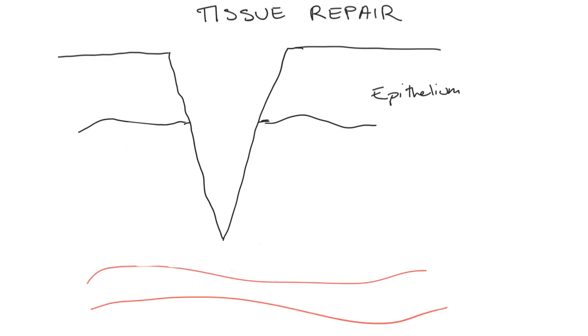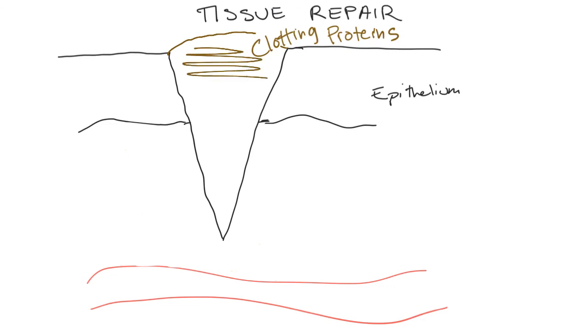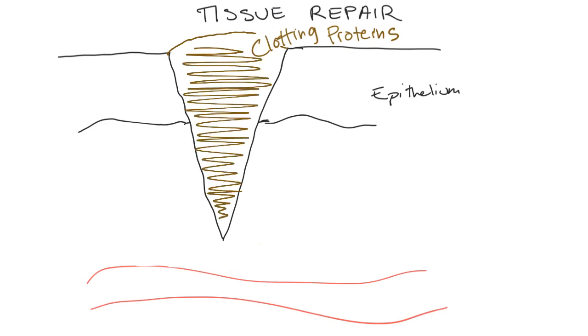The first thing that's going to happen is you're going to have bleeding. And so you'll have clotting proteins coming together at this point to prevent bleeding and eventually form a scab.